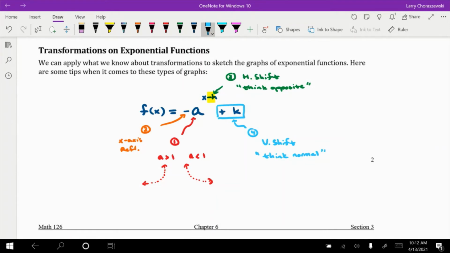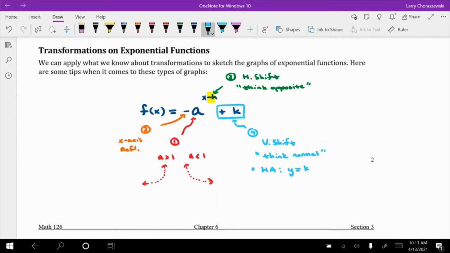But what's really cool about this vertical shifting is that it's tied into your range and your horizontal asymptote. So I'm going to do a couple bullet points for this, okay? We can actually get the equation for the horizontal asymptote based on the value of k.